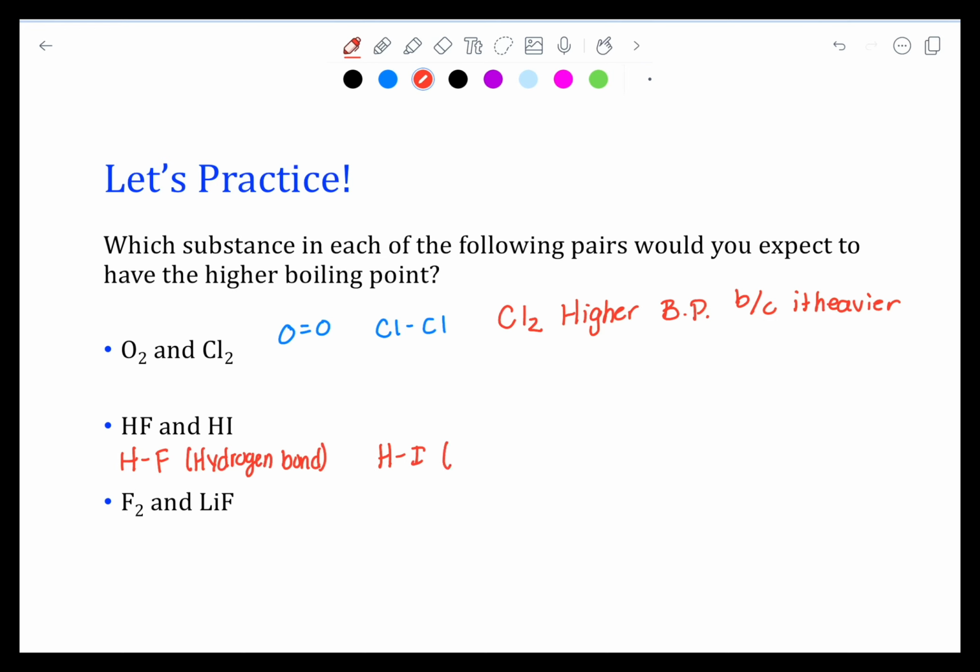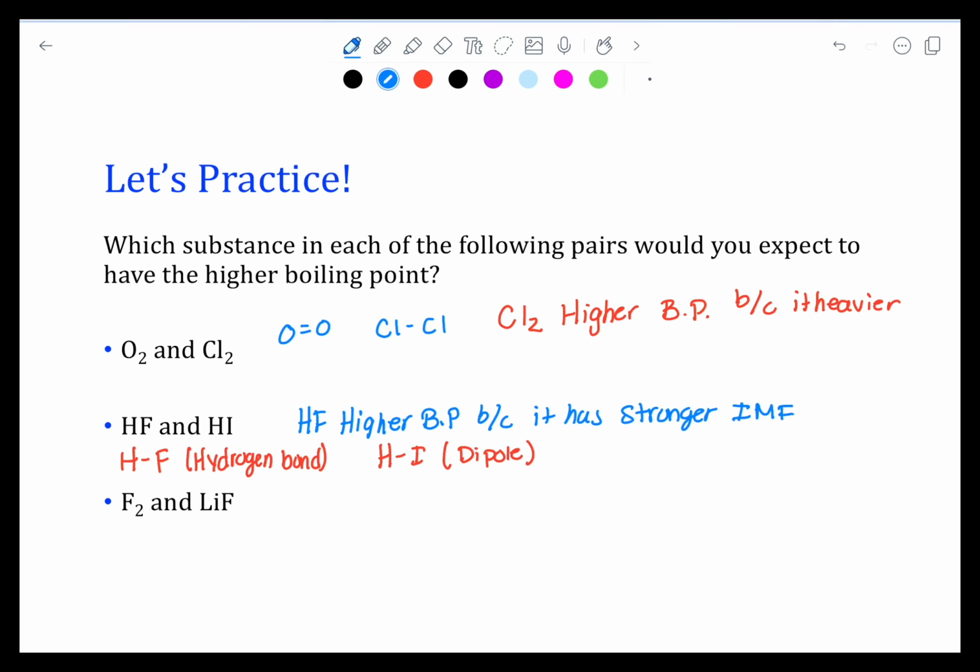So this is still a polar molecule, so this would just be dipole. So because HF has hydrogen bonding, that's the stronger intermolecular force. So HF would have the higher boiling point because it has the stronger intermolecular force.